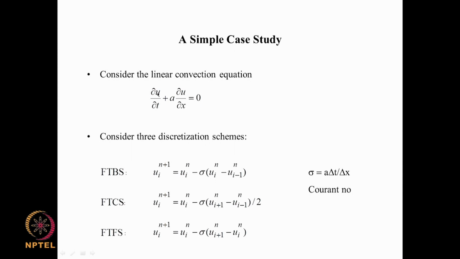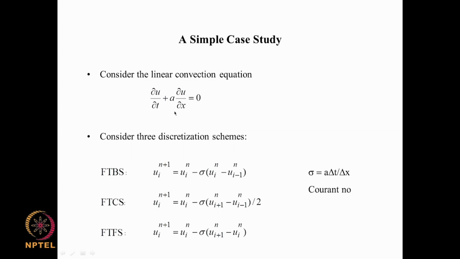So, you have u_i^(n+1) minus u_i^n divided by delta t plus a times (u_i minus u_(i-1)) by delta x equal to 0, and that can be rearranged to give a straightforward expression like this: u_i^(n+1) equal to u_i^n, which is coming from the time derivative, minus, we take this to the other side.